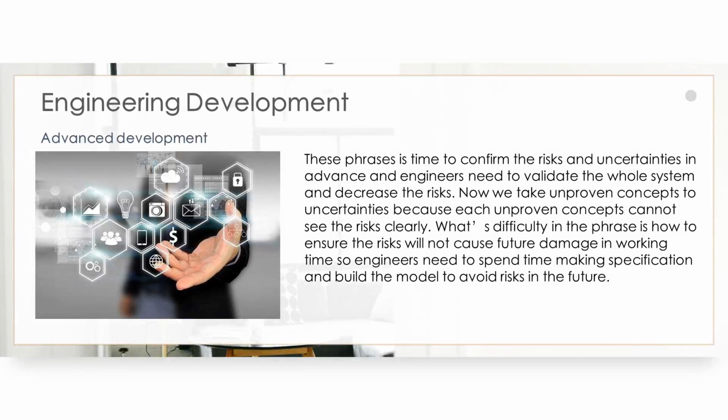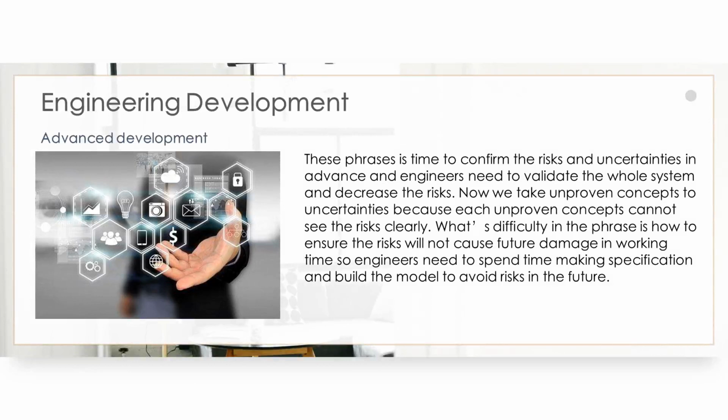And in the advanced development part, this is the first part of the engineering development. This phase is the time to confirm the risks and uncertainties in advance, and the engineers need to validate the whole system and decrease the risks if they find them in this phase.